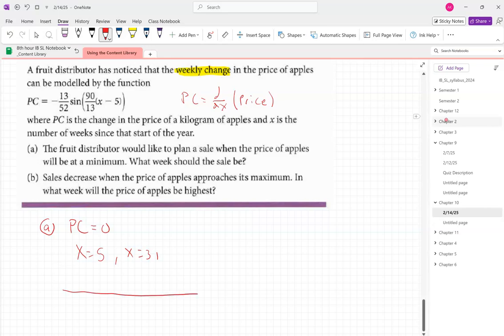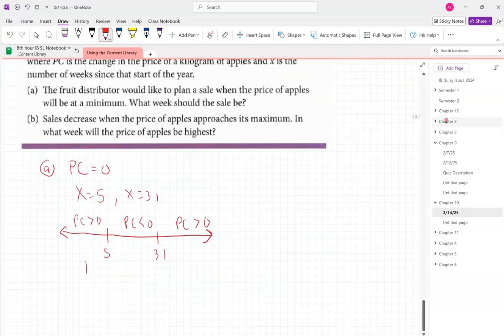If I draw my sign diagram, I notice that P' was greater than 0 here, less than 0 here, and greater than 0 here. I read that all from the graph, so I didn't actually have to do any test values. So this one is my local max, and this one is my local min. Which gives me both my answers: A should be week 5, and B should be week 31.